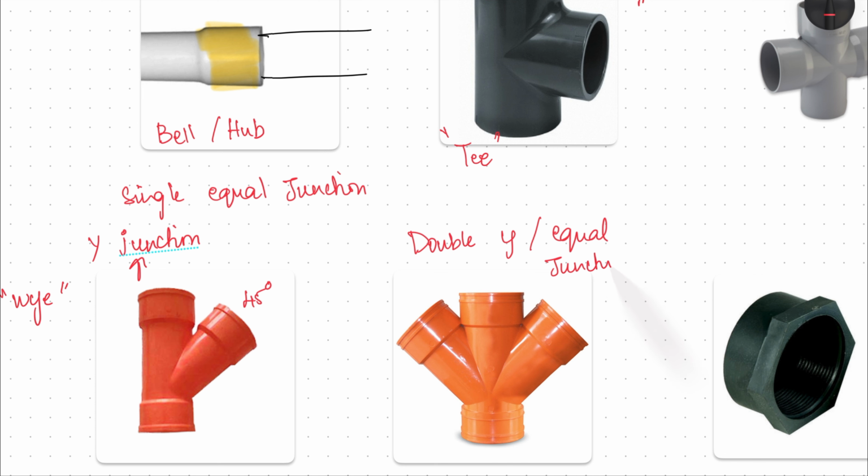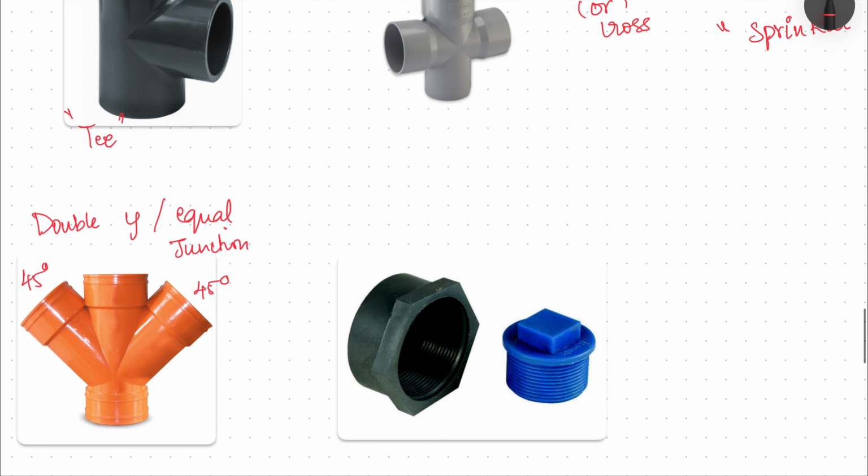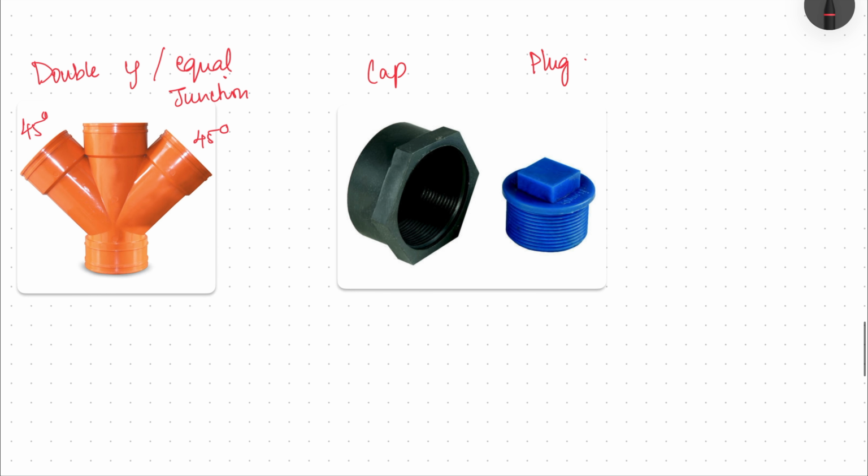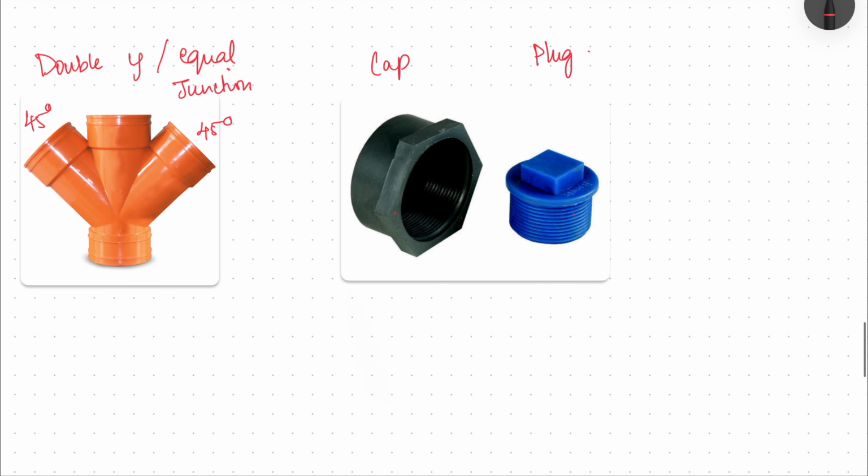Where again the pipes are connected at 45 degrees. Then we have something called cap and plug. So this is cap, this is plug, and cap has female threads in it, while plug has male threads.